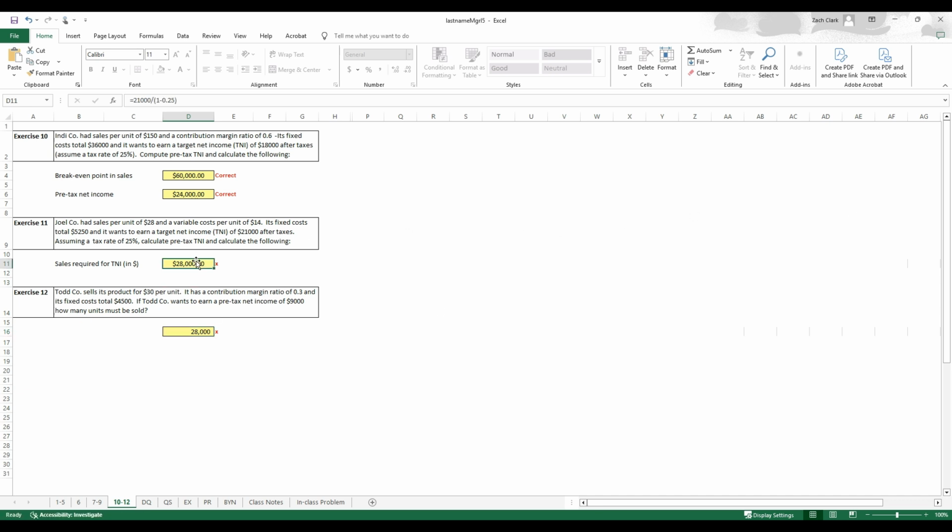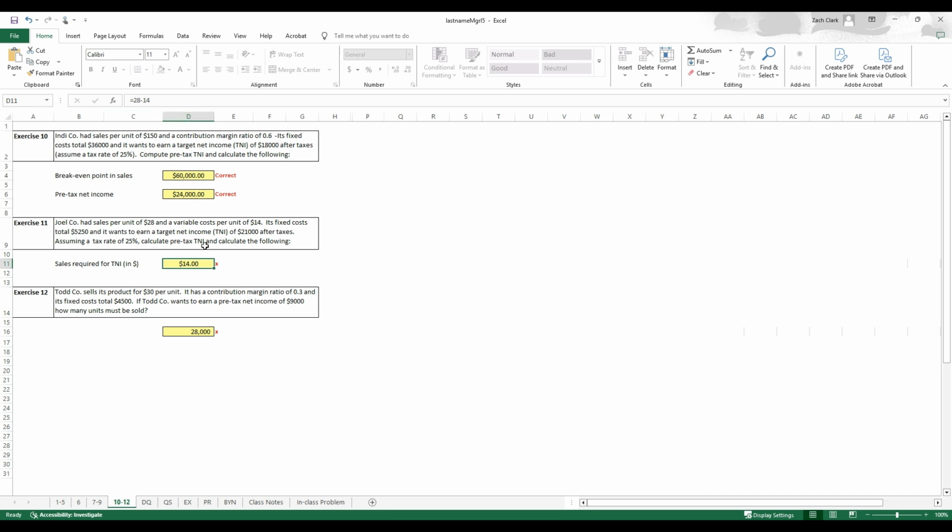Now let's figure out how much sales we need to arrive at $28,000. So again, we need our contribution margin ratio. We've got $28 minus $14, so we have $14 of contribution margin per unit.